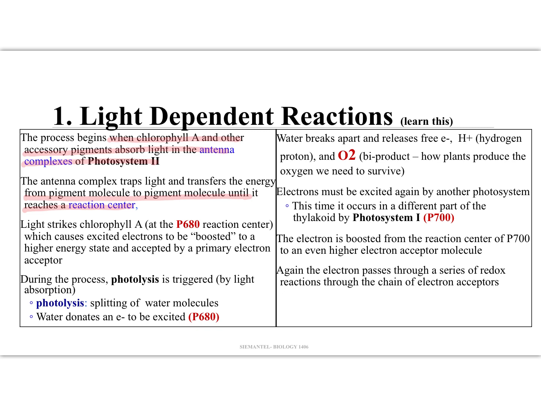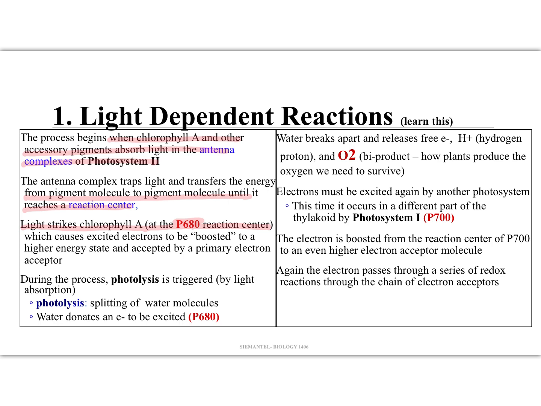Remember, we have a chlorophyll A molecule that's sitting in that reaction center ready to receive all of this light energy. So light is going to strike the chlorophyll A molecule, and this molecule is the one in photosystem 2. Photosystem 2 is that P680 reaction center. That's the peak at which it absorbs light energy.